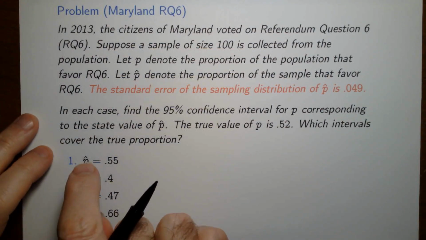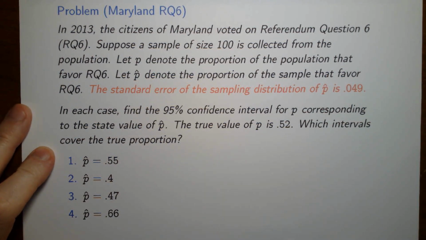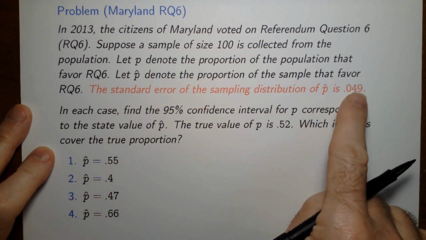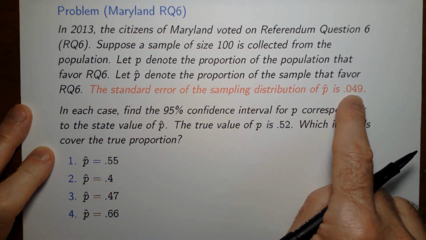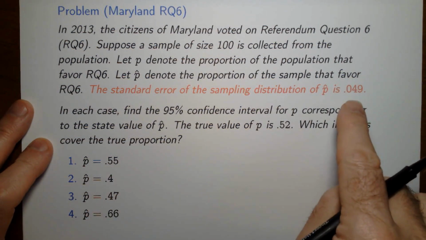Welcome. So in each case, we're going to find the 95% confidence interval for the parameter corresponding to a stated value for P hat, and all we have to do is remember that the standard error associated with this sampling distribution is 0.049. So here's the essential calculation, and this is going to be a recurring calculation throughout.